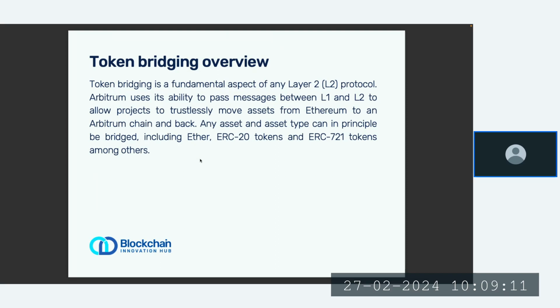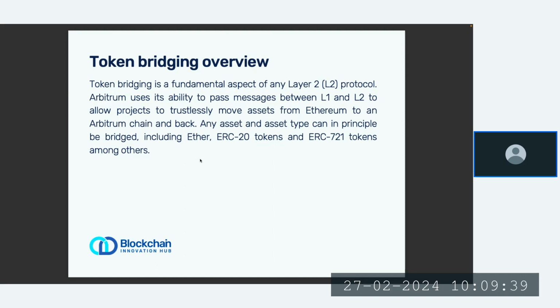So ideally you should understand that if you're building a layer 2 protocol, you have to find a way to bridge those tokens so that they can move from layer 1 to that particular layer 2 protocol. So Arbitrum uses its ability to pass messages between layer 1 and 2 to allow projects to trustlessly move assets from Ethereum to an Arbitrum chain and back.